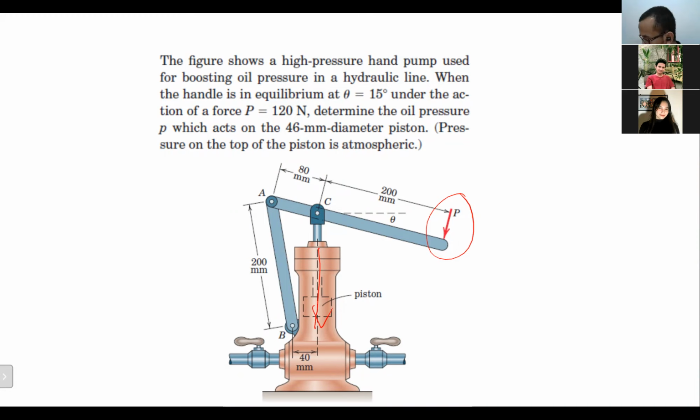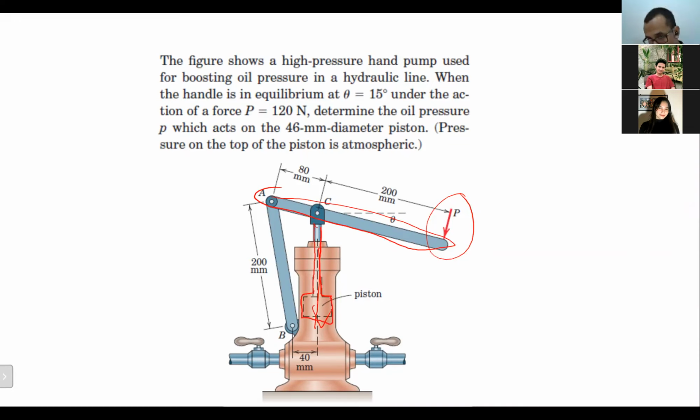So basically, there is a long link like that, and we can add a force P there, and then at point C, the long link is connected to this particular piston, and that piston can move up and down based on the force given.